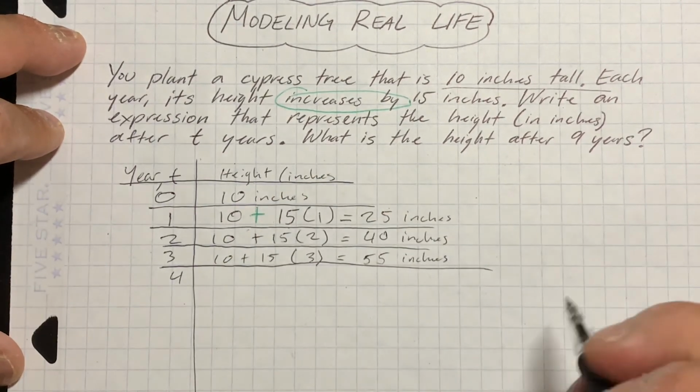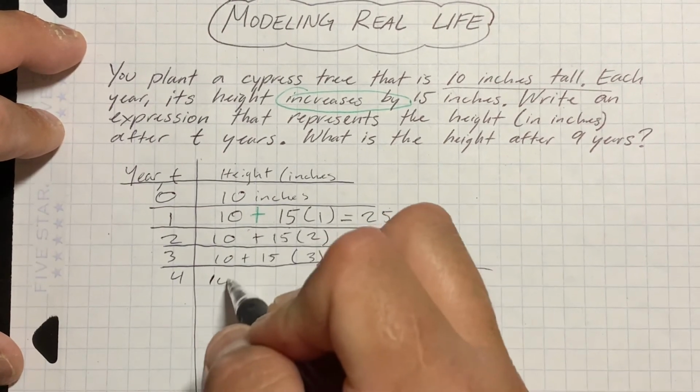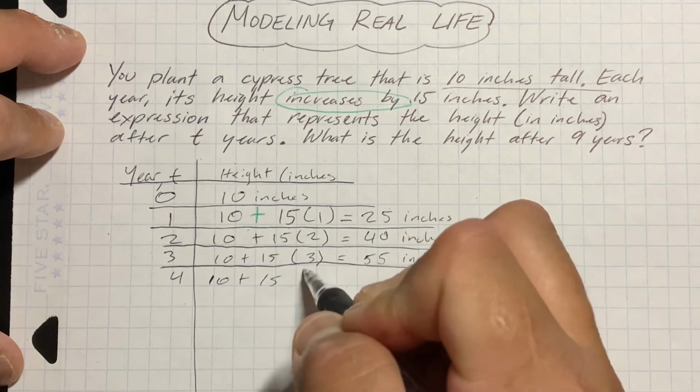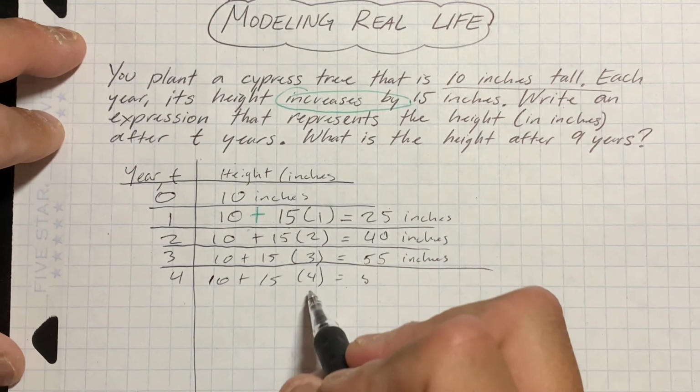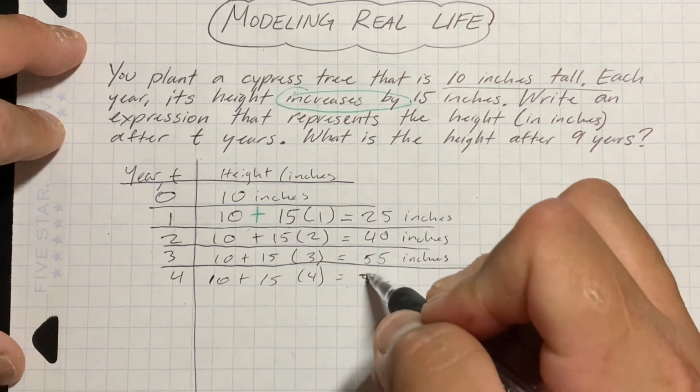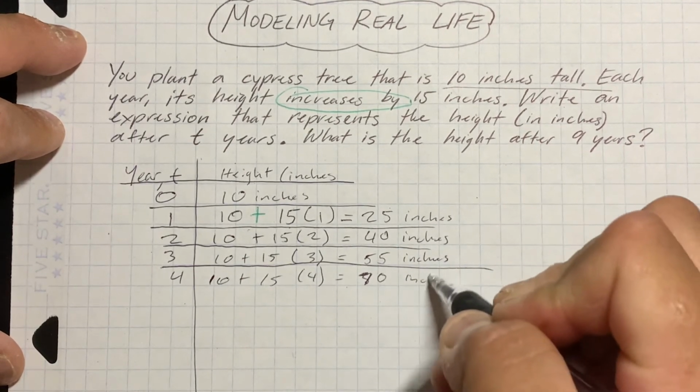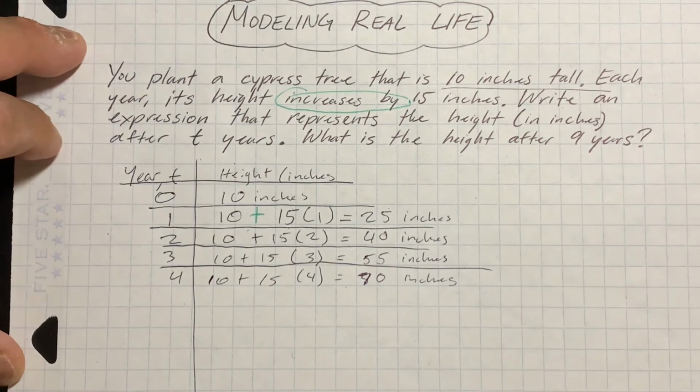After 4 years, 15 times 4 is 60, plus 10 is 70 inches tall. So there's a pattern.